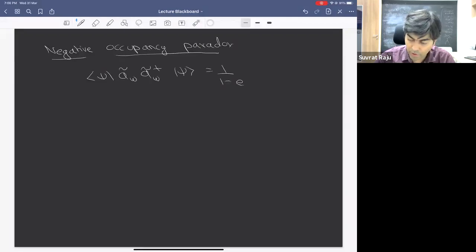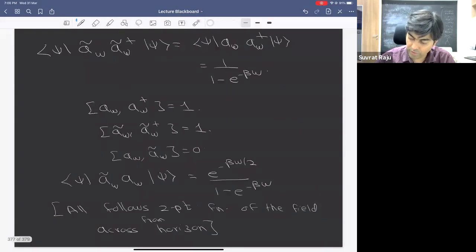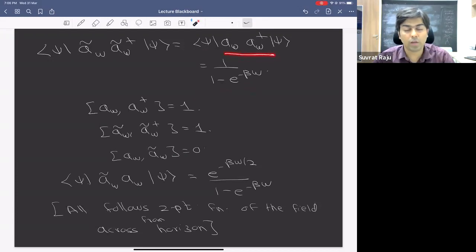By the way, let me point out that these rules that we are now going to use again are just telling you that the whole system is at an inverse temperature beta. If you look at the occupancy of these particles outside, they are occupied as if they are at temperature 1 over beta. Right? And that's natural, right?